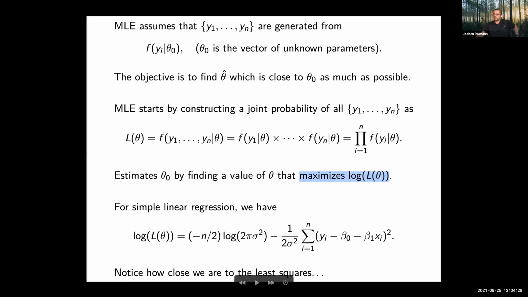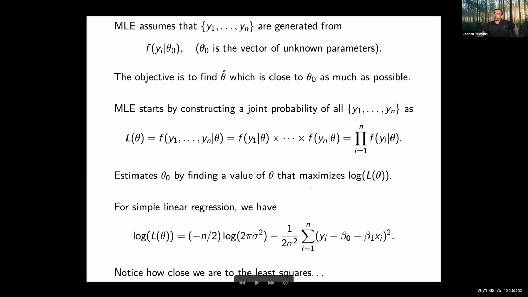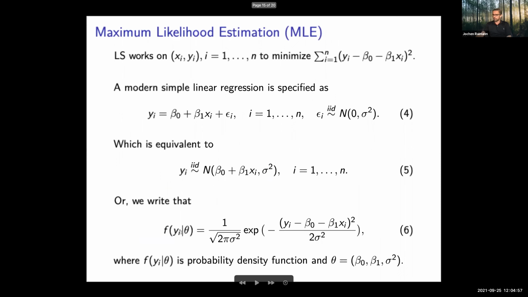So why the log? Because you need to come from this exponential to a logarithm, to log transform it. So theta 0 allows you to find this value. For a simple linear regression, please look first at this equation here.